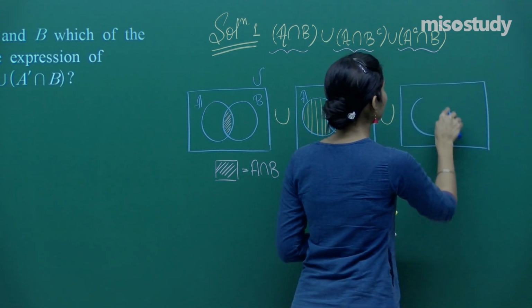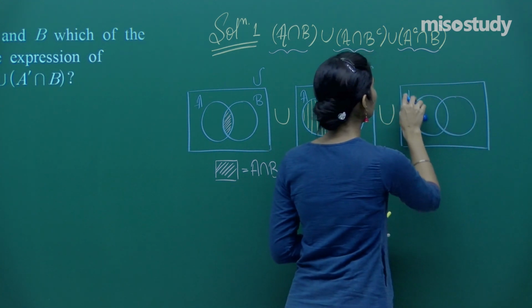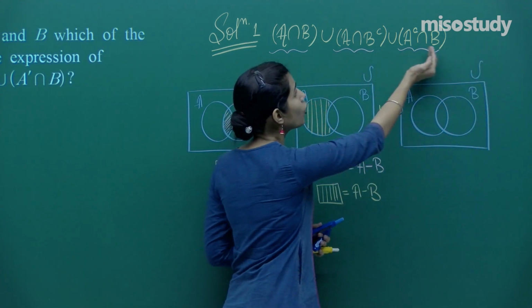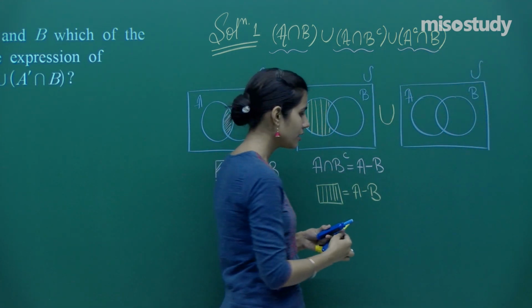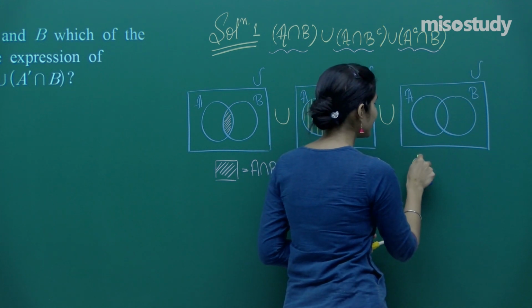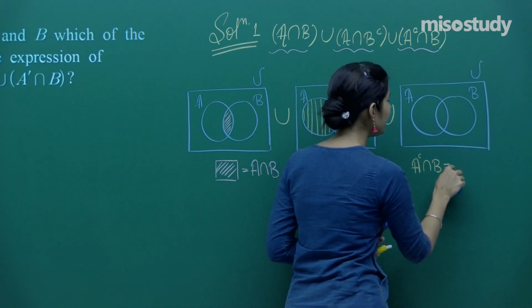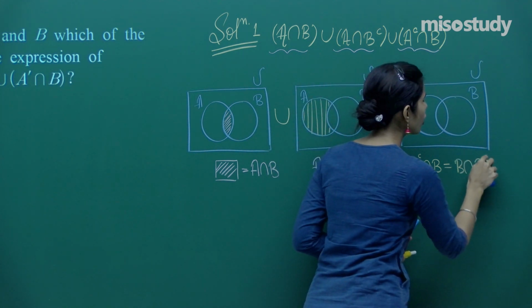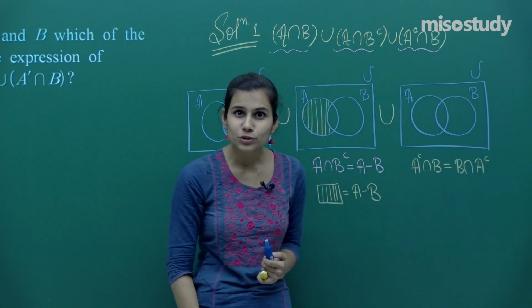The third Venn diagram is asking us to find out the portion which is represented by A complement intersection B. Now we all know that A complement intersection B can also be written as B intersection A complement. Why did I do that?